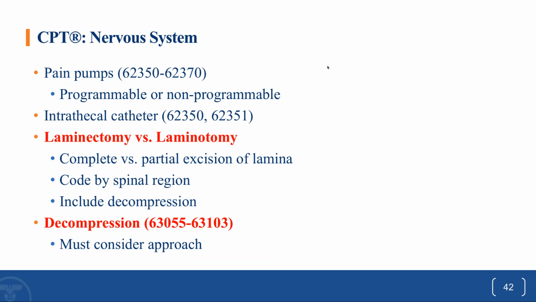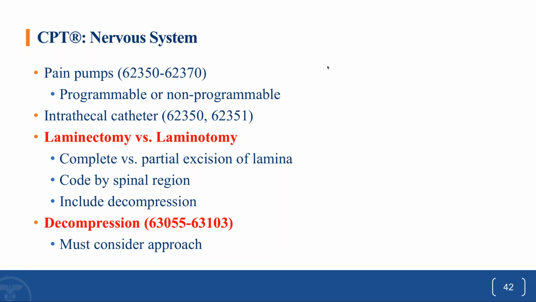Step number 2, what body area? And when I say what body area, because if you look at CPT code 63001, it's in reference to the cervical. Do you see that at the end? 63003, thoracic. 63005, lumbar. 63011, sacral.